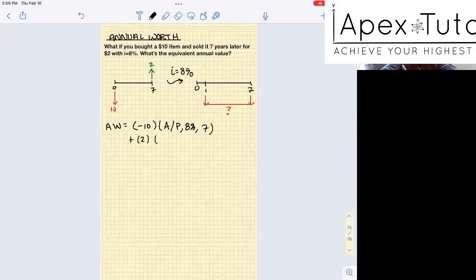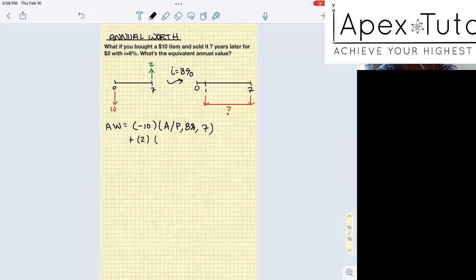And then let's see, how about that $2? What should we multiply it by? The value off the lookup table?